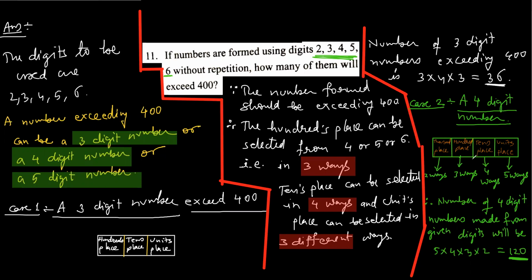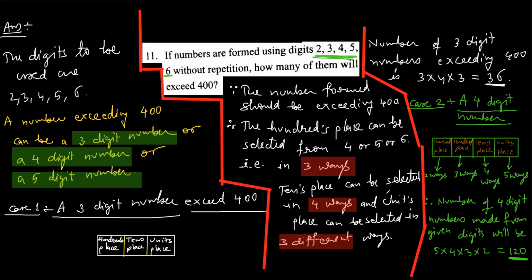Write like this. You can write in one statement. You can write, since the repetition of digits is not allowed, therefore, the units place, tens place, hundreds place, and thousands place can be selected in 5 ways, 4 ways, 3 ways, and 2 ways, respectively. And then after that, you write this part, 120 you got.